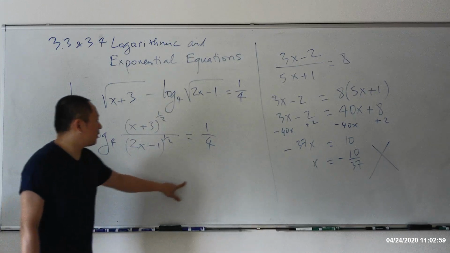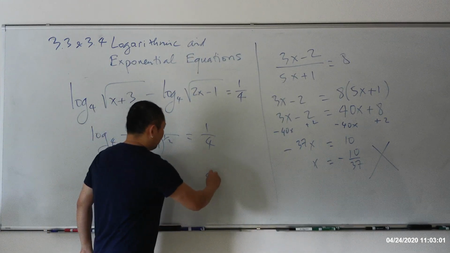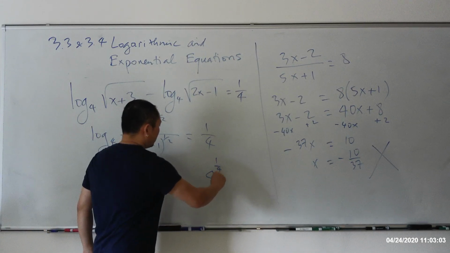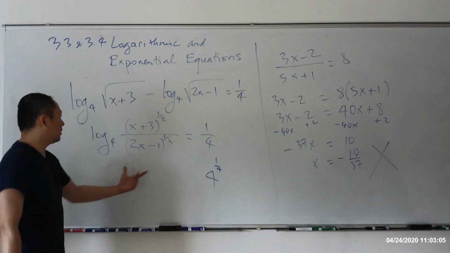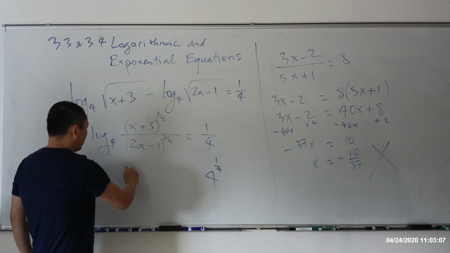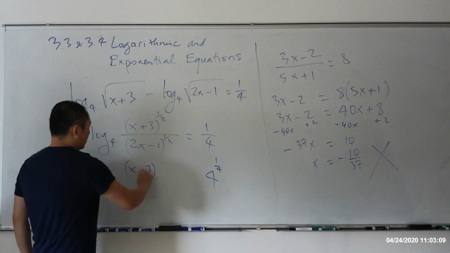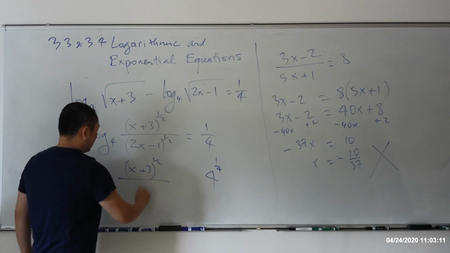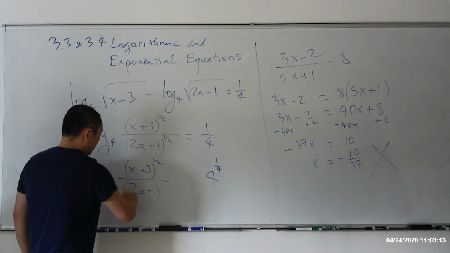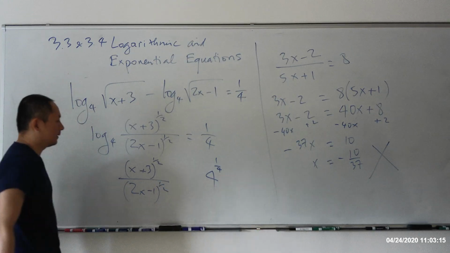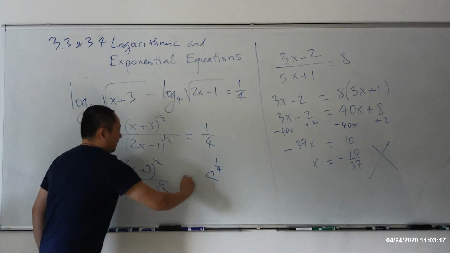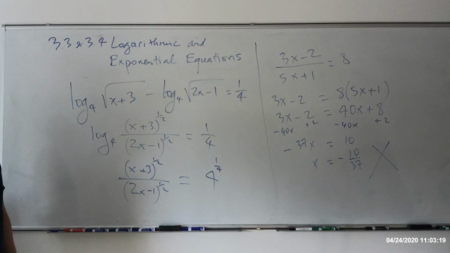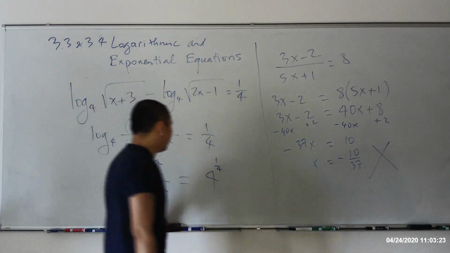Okay, now I'm going to use the definition. 4 raised to the 1/4, base raised to the exponent, is going to be equal to whatever is inside the log, x plus 3 to the 1/2 over 2x minus 1 to the 1/2. Okay, question now is, how do we simplify this problem?